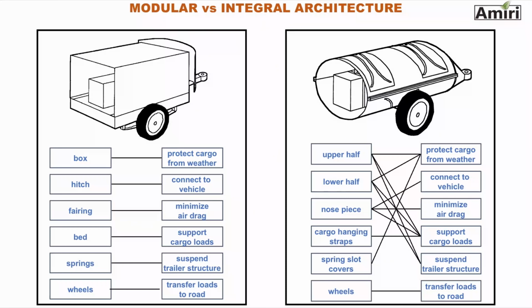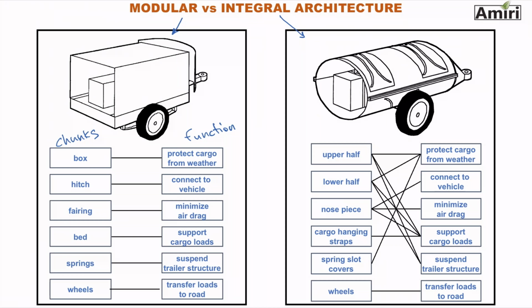Here's another example: the same product, a pull-back trailer. One has a modular architecture, and one has an integral architecture. On one side you see the components, or chunks, groups of components, and on the other you see their functions. In the modular architecture, each chunk fulfills one function.